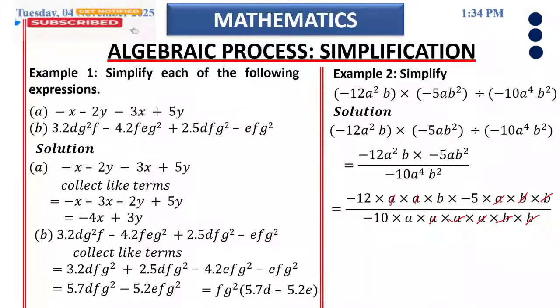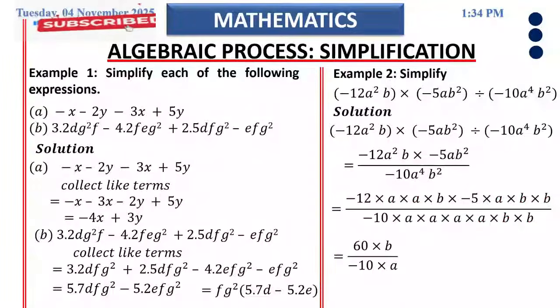We simply multiply minus 12 by minus 5, and of course from our denominator we still have minus 10 left. So that will give us 60 times b over minus 10 times a, which we can still simplify further.